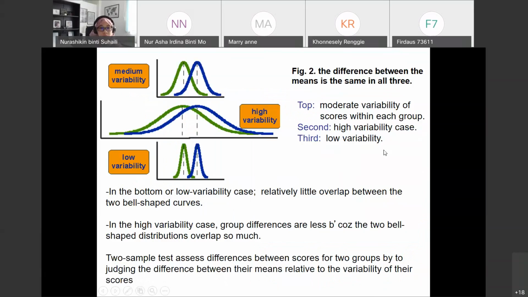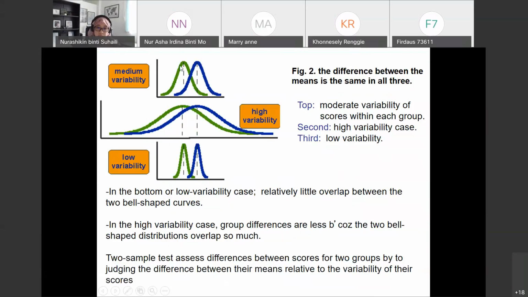Okay, so when we talk about two distributions or two samples, there are different situations that can arise. Just now I said that if you want to compare the mean, the average of the two samples, you just consider the peak of the distribution.